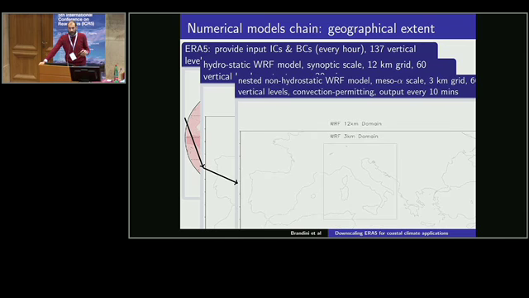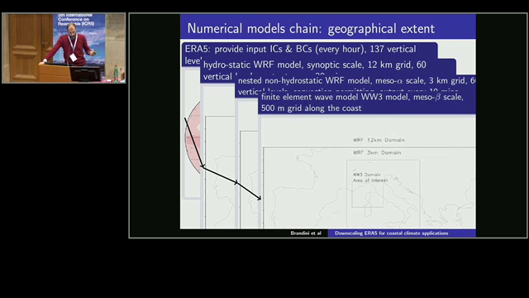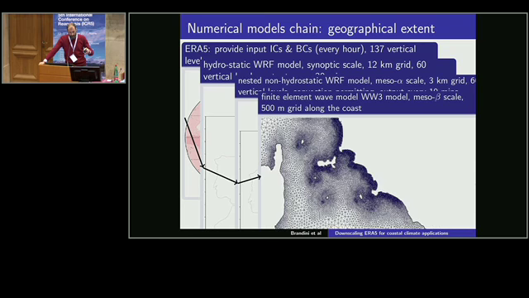Then a second nested WRF simulation on a smaller domain with 3 kilometers of resolution, convection permitting, with temporal output every 10 minutes. Finally, we provide this atmospheric forcing to a wave model, WaveWatch, that has an unstructured grid able to reach 500 meters of resolution close to the coast.